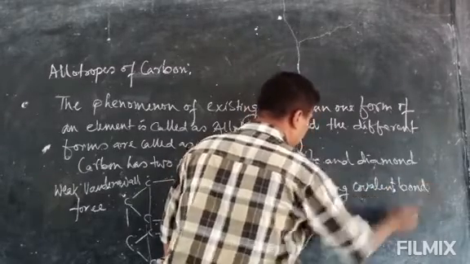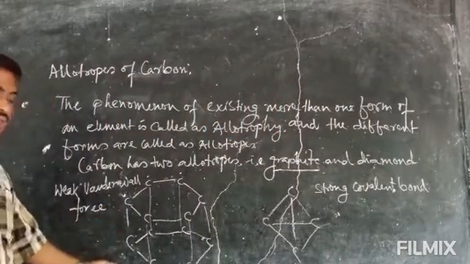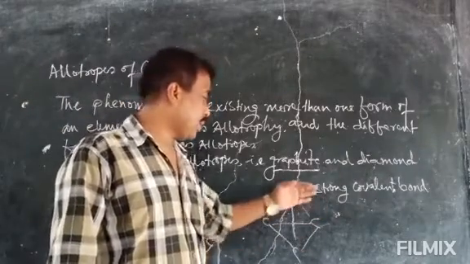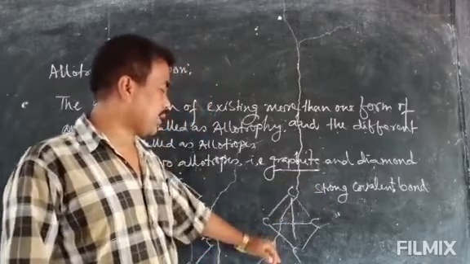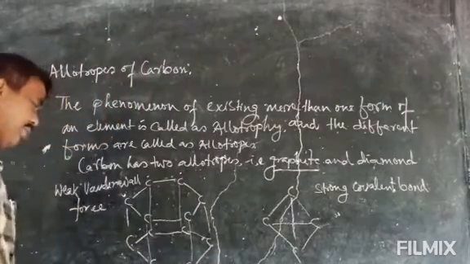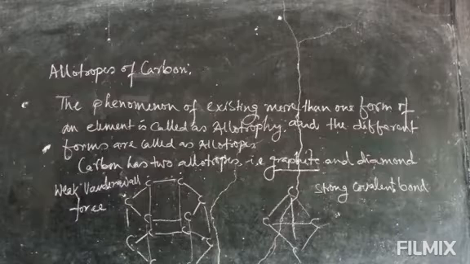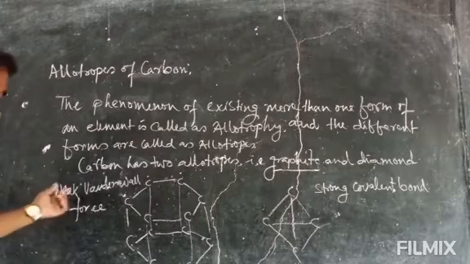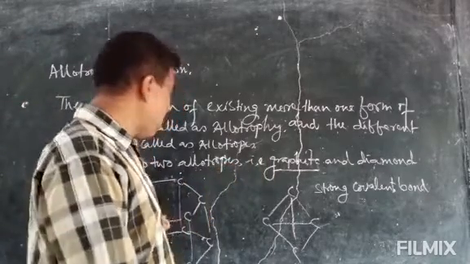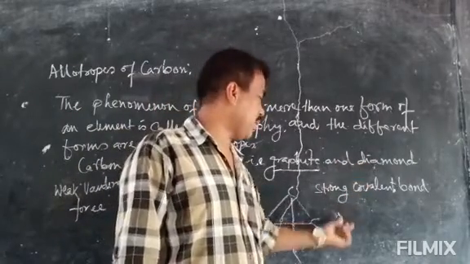Due to the weaker force, graphite is soft and diamond is hard, and because of its hardness, its refractive index is high compared to graphite. In the case of graphite, there is good conductivity and a low melting point, while diamond is a bad conductor with a higher melting point.